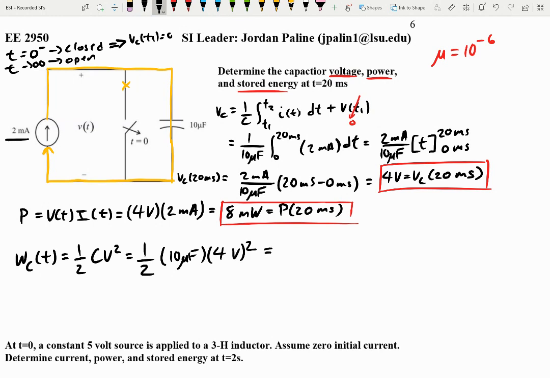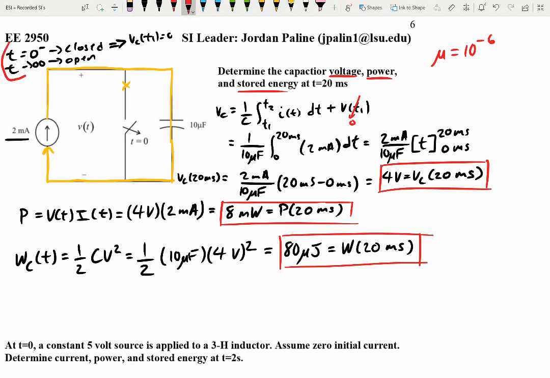Square that value and we will get 80 microjoules, and that is the amount of energy that we have at 20 milliseconds. All right, so it's just using the equations and plugging them in.